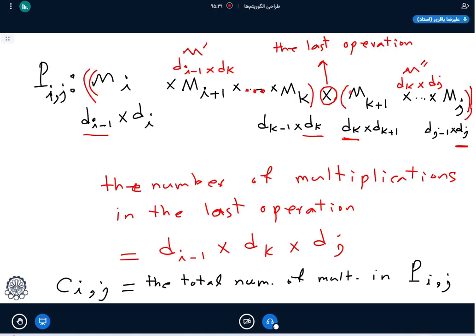As we said in the previous slide, we assume that the last operation is here, but we do not know where the last operation is.